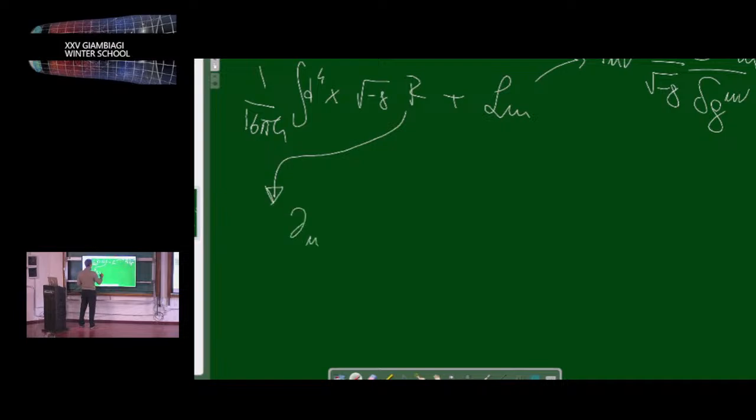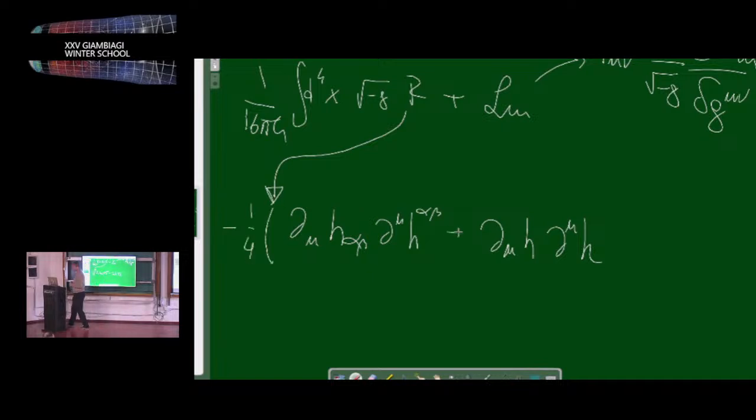What structure can you have? You can have this structure, then you can have this one, with appropriate coefficients, which is minus, if it's minus 1/4 here, then here is minus, and then you have two more structures.